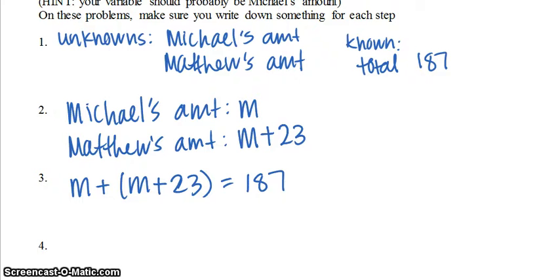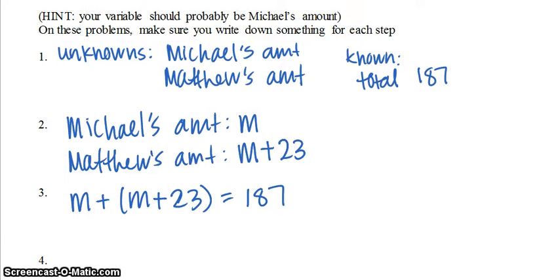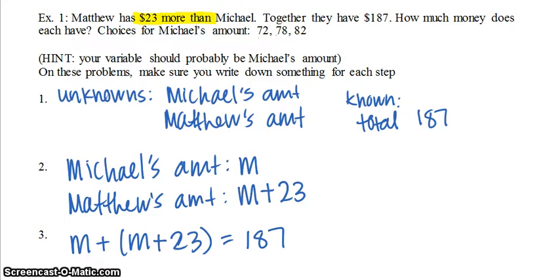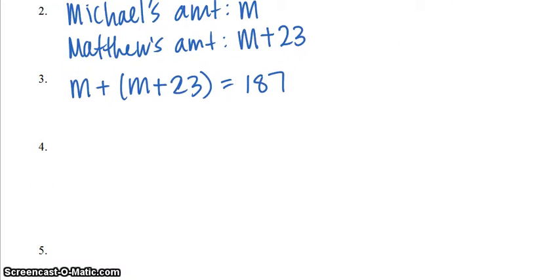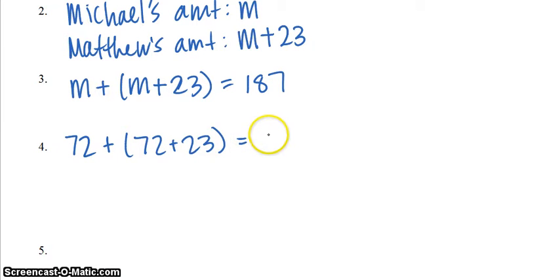And then number 4, we're going to be actually solving it. Since we know the options for Michael's are 72, 78, and 82, I'm going to plug those in for M and see which one works. So if I plug in 72 plus 23, if you use your calculator, you're going to get 167. So that is not right.